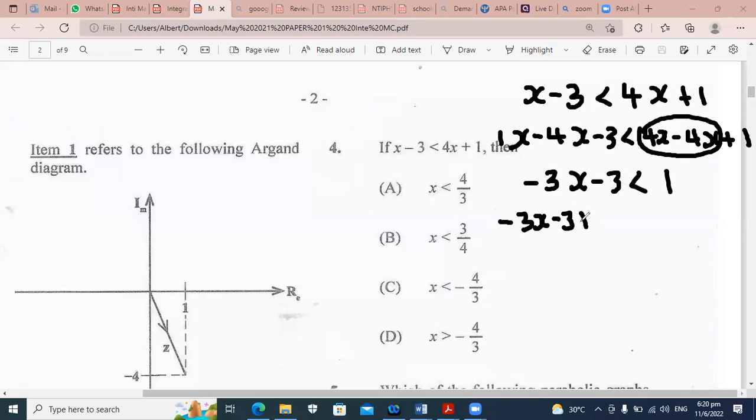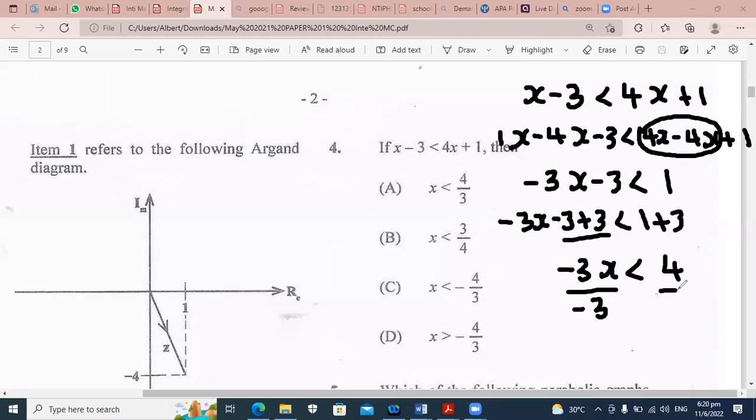So you're going to add 3. I'm going to have to add 3 to the left and 3 to the right. And as you know, this will go away, leaving behind negative 3x less than 4. And then now, what would I do to find x? You're going to divide both sides by negative 3.